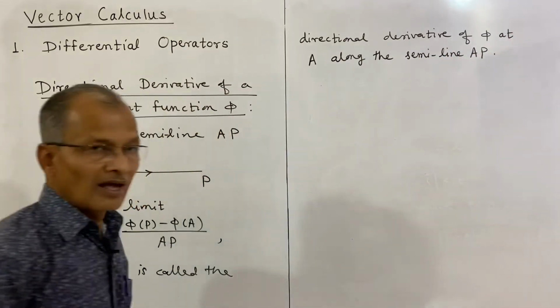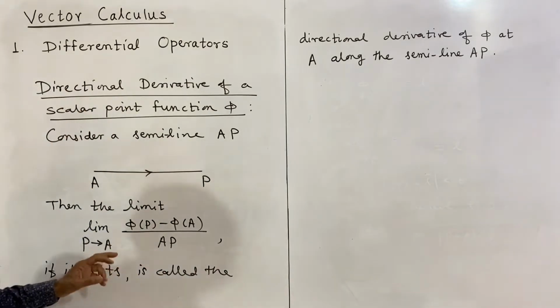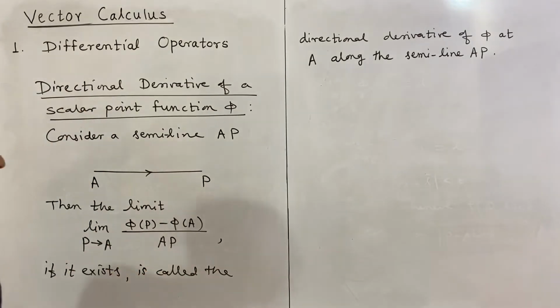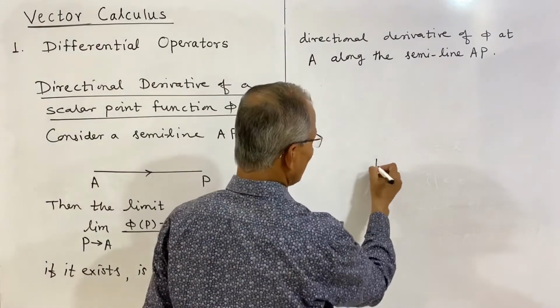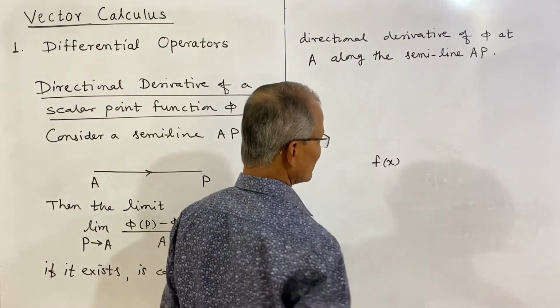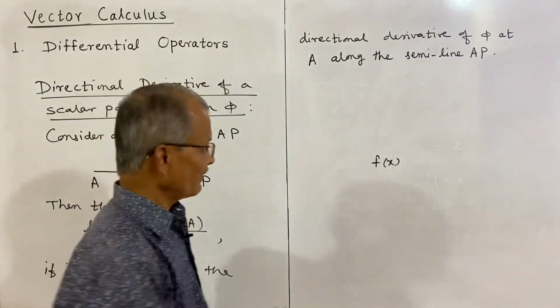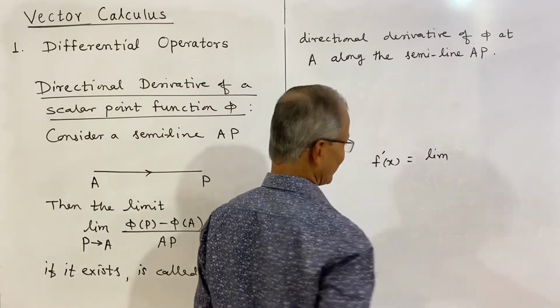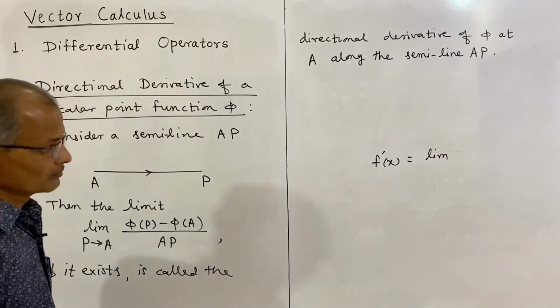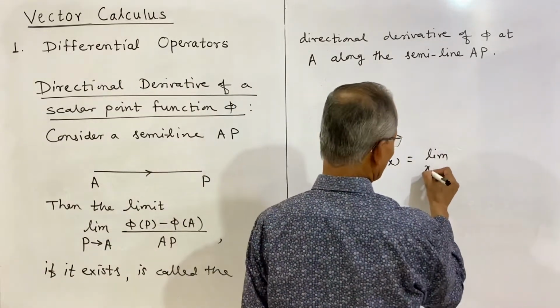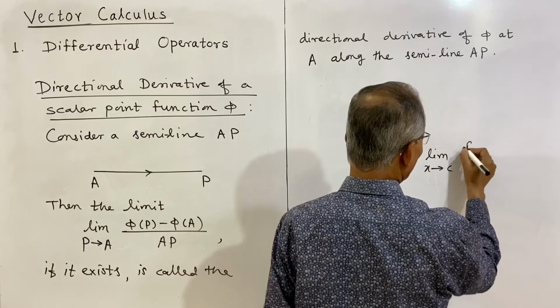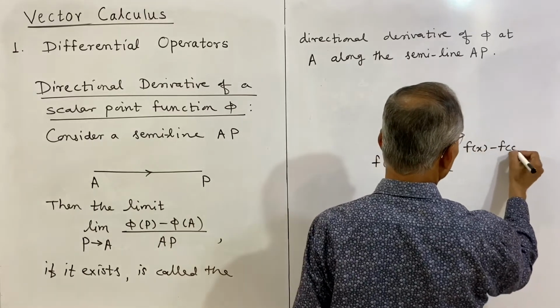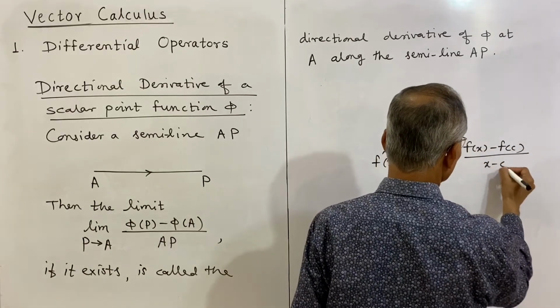Now you see this is similar to the usual derivative. If f is a function of x, then how do we define f dash of x? The definition is limit x tends to c of f of x minus f of c divided by x minus c.